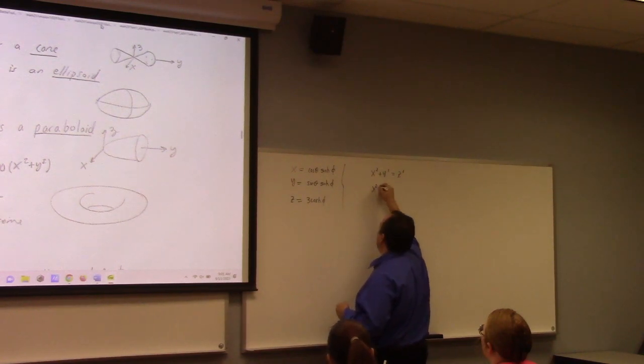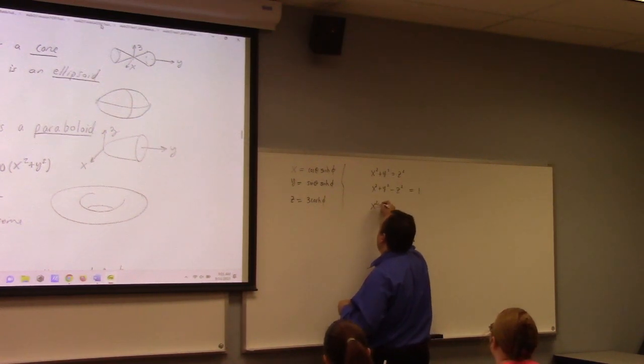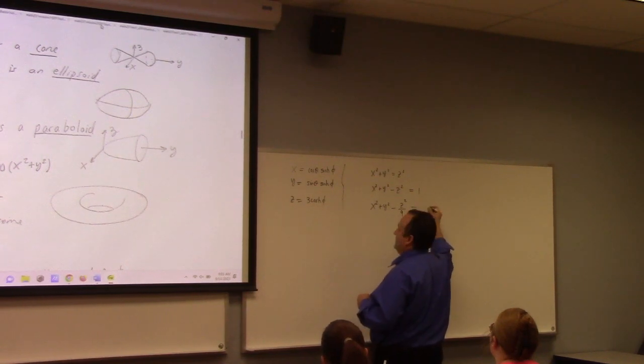Is it x squared plus y squared minus z squared equal to 1? Is it x squared plus y squared minus z squared over 9 equal to minus 1?